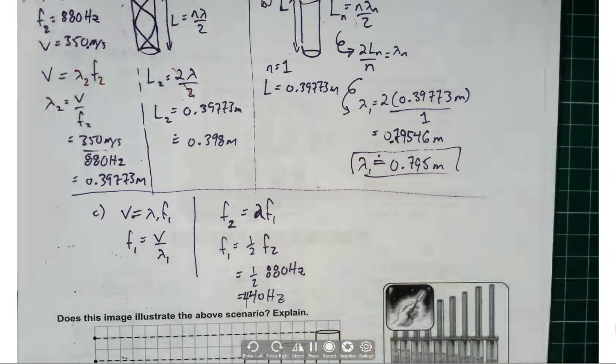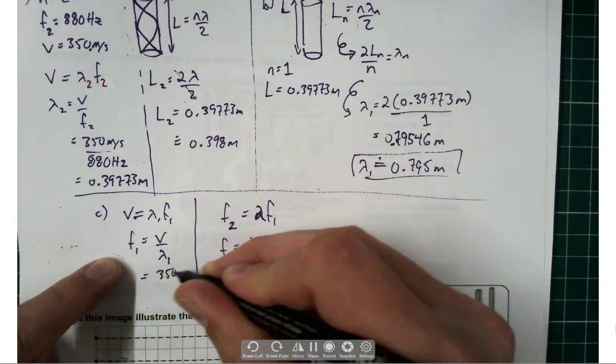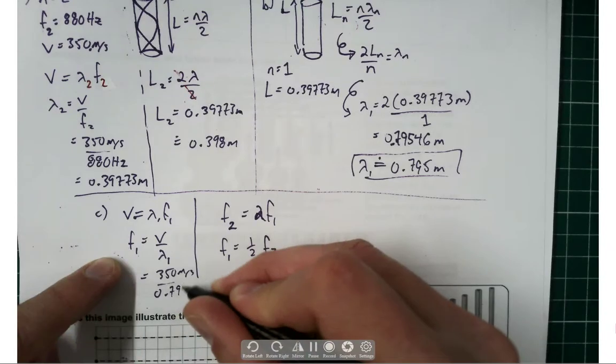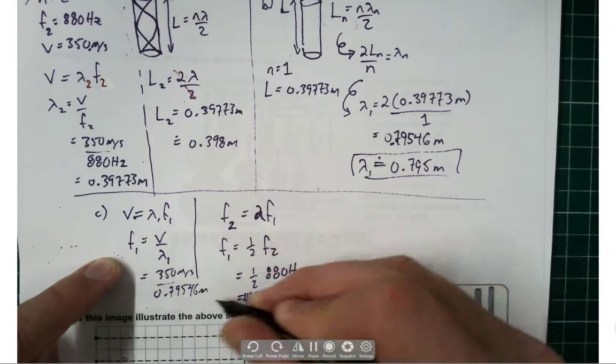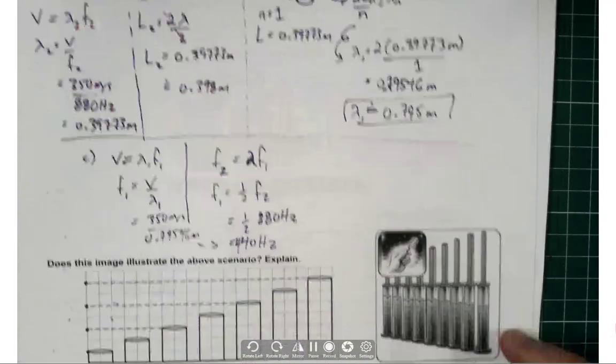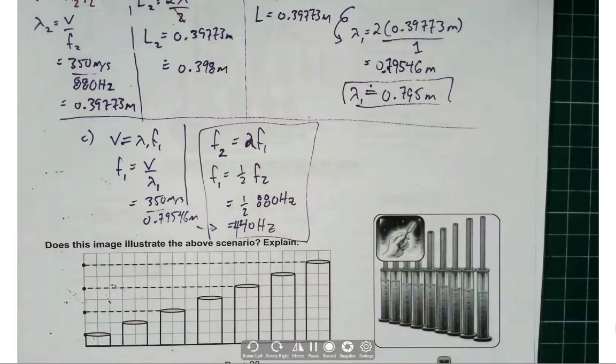I guarantee if you sub in V is equal to 350 meters per second, and lambda 1 is equal to the unrounded 0.79546 meters, you're getting the same answer. Sound good? Pretty close because we did some rounding in there somewhere, right? And so I feel much more confident about this one because it doesn't introduce any previous calculations.